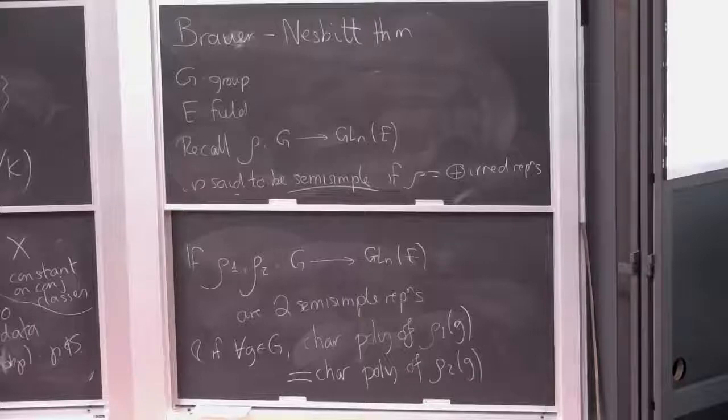I've got two representations that have the same char poly, and they're both semi-simple, then they're isomorphic. That's the punchline. Rho 1 is isomorphic to rho 2.